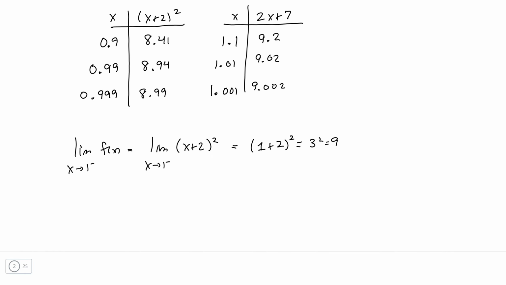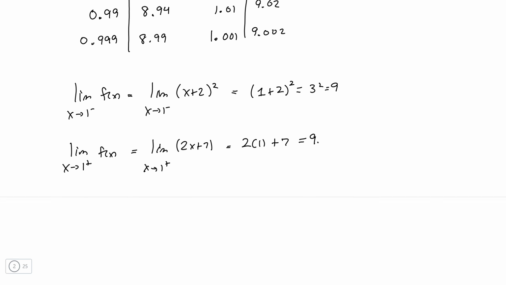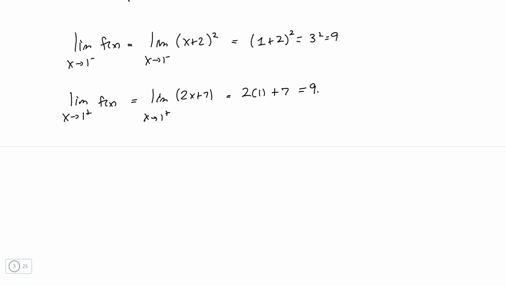And then we can look at the limit coming from the right. And now this is 2x plus 7. Again, this is a nice function, so we can just plug in the 1. And since the left and the right-hand limits are equal in this case, that means the limit itself exists.